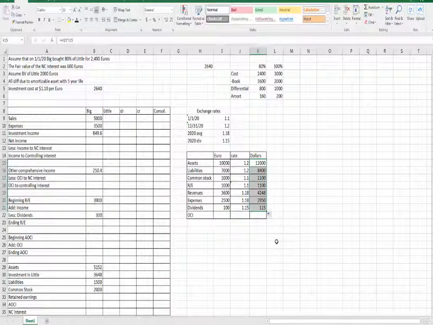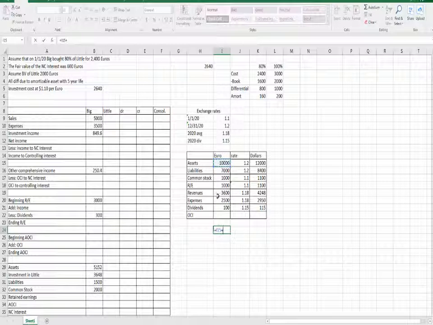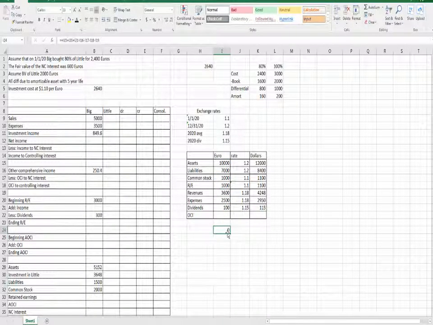Now again, the trial balance in euros balanced. Just to confirm that, we have our debits minus our credits. That works out to 0, so our euro-denominated trial balance balanced. Since we're applying different exchange rates to different financial statement elements, the resulting dollar-denominated trial balance is not going to balance.